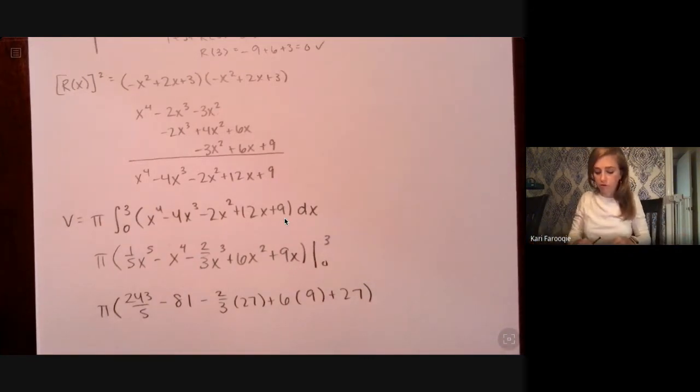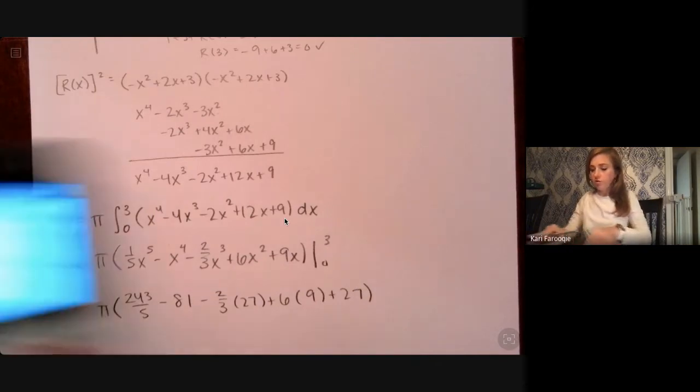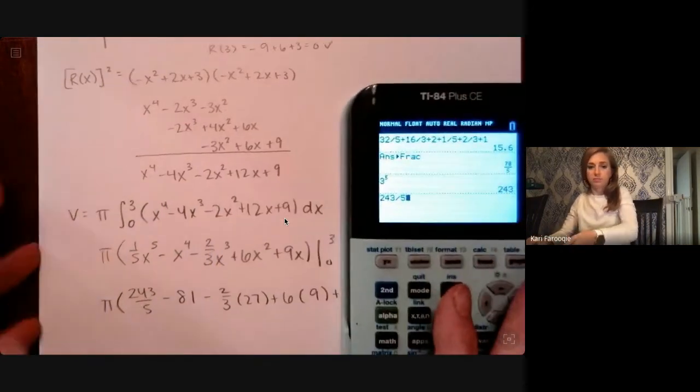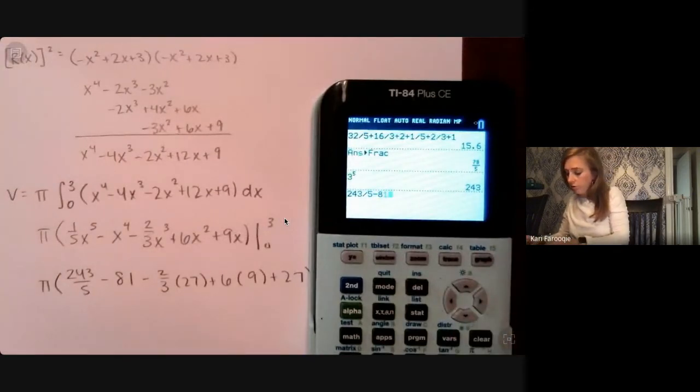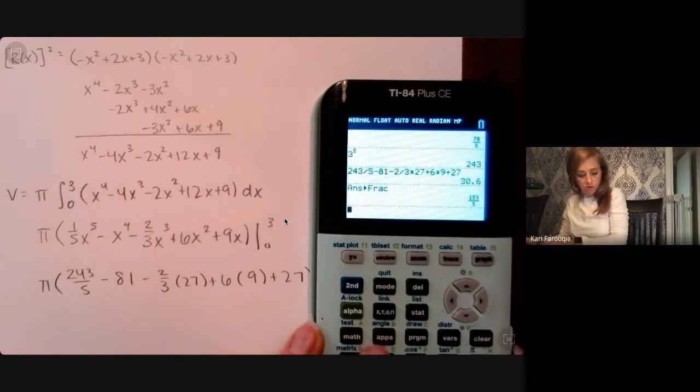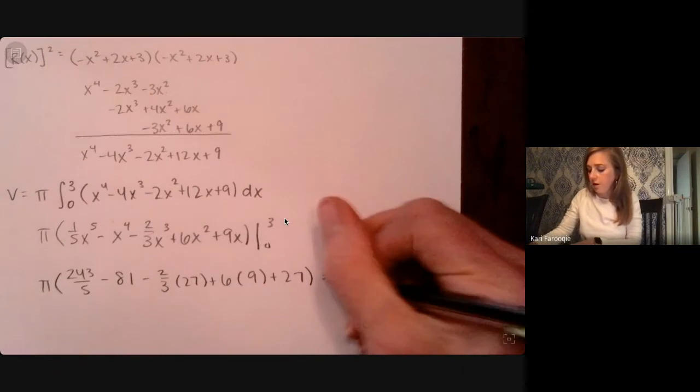Let's see, 243 fifths. I'll do this on screen. Minus 81 minus 2/3 times 27 plus 6 times 9 plus 27, moment of truth, 153 thirds pi.